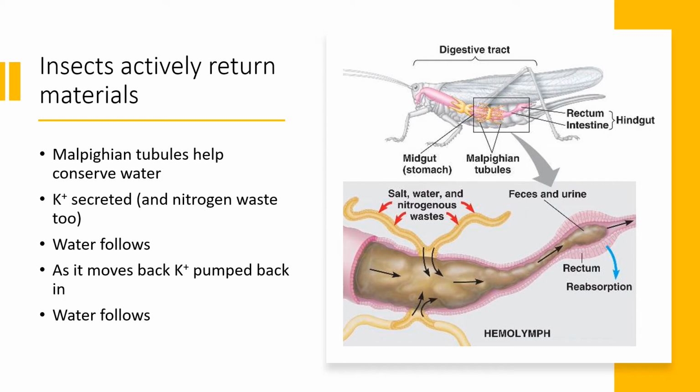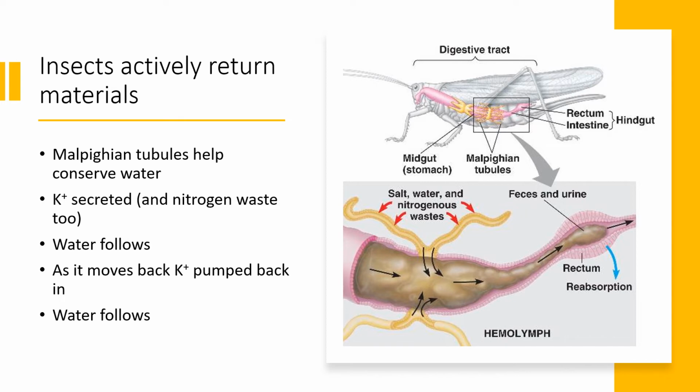That is then moved into the intestinal tract, right? And as it moves through the intestinal tract towards the rectum, the potassium is pumped back into the body. And because the potassium pumps back into the body, the water follows. But that is a great way to save water, but it also simultaneously allows you to expel nitrogen, right?